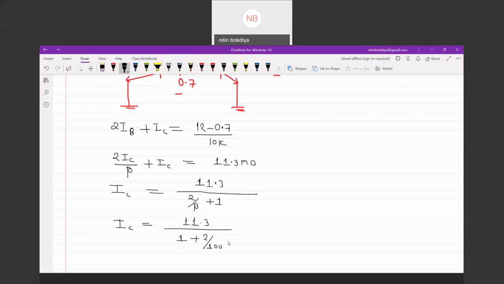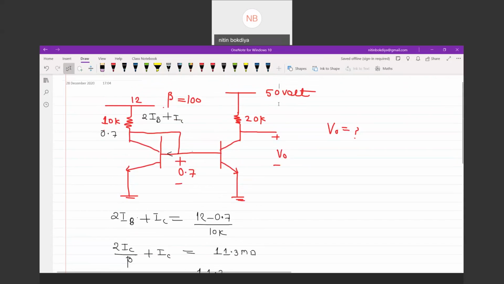And the value of IC comes out to be approximately 11.3. So you can say the 11.3 current will flow from here.